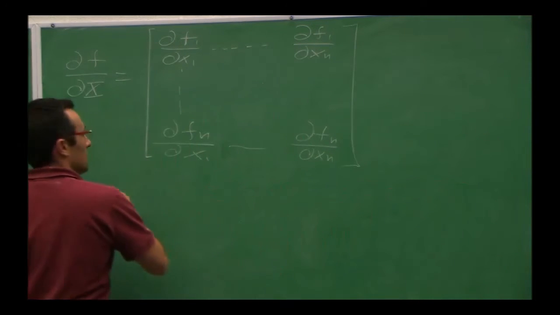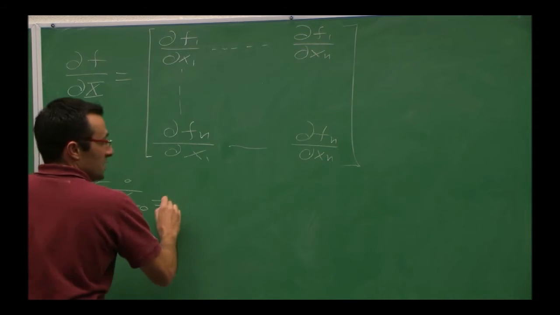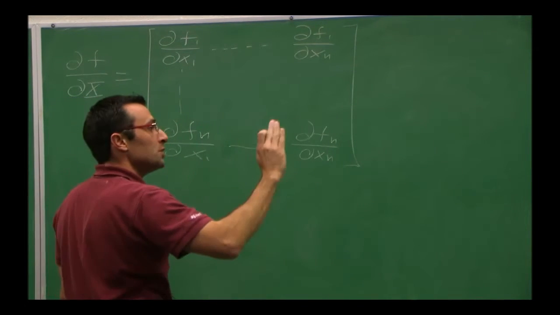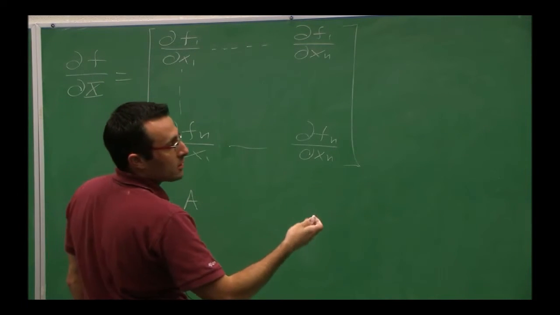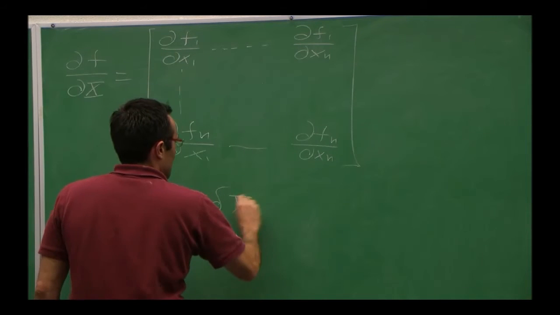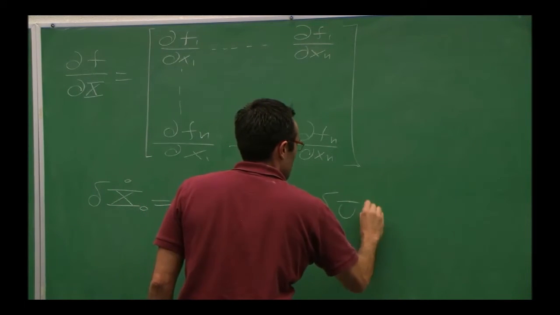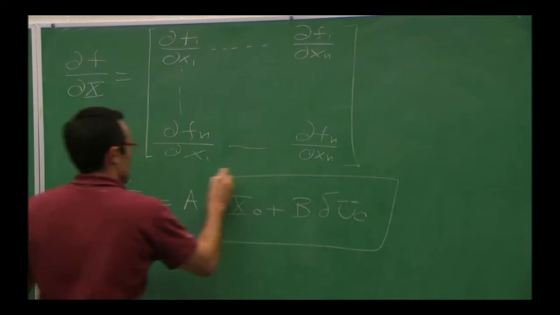You're left with delta x0 dot equal to this ugly matrix that you have to compute, which is computed at a specific point, so it becomes a matrix of constants, times delta x0, plus another matrix of constants, times delta u0. And this is your linearized system about x0, u0.